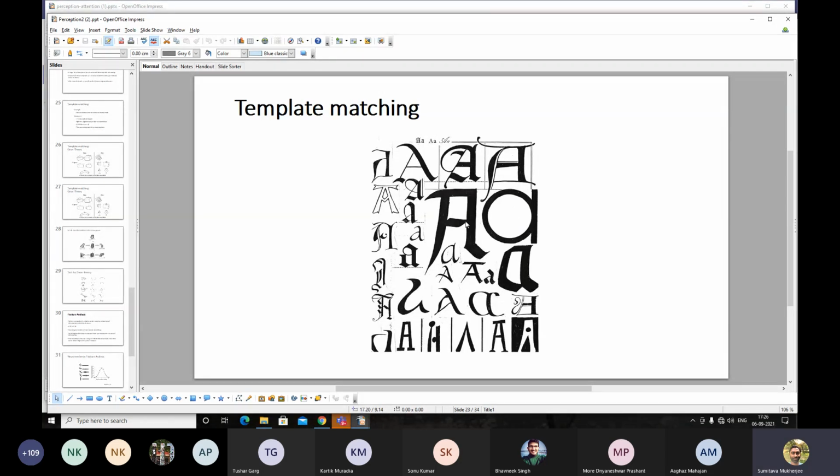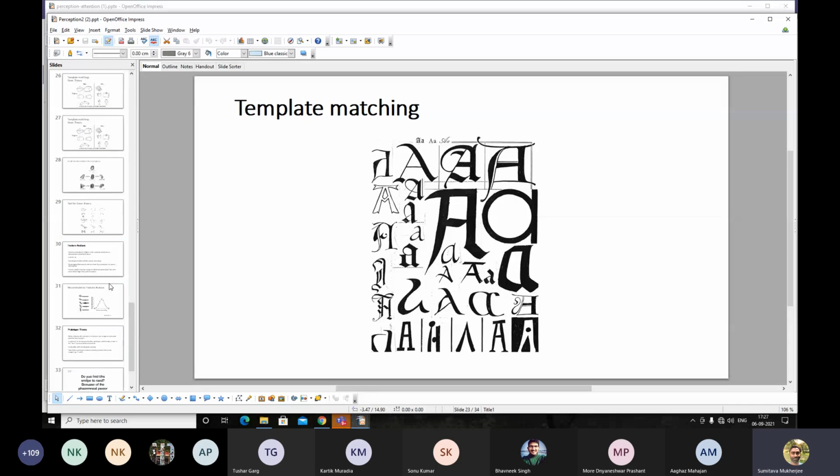That's why it's called prototype theory. Or maybe I have more than one prototype, but not all of them. So let's say I have one prototype for big A, one prototype for small a. Deviations from this big A and small a, like this one and this one, I'll still read as an A, although they deviate, because I'm able to accept that amount of deviation or that amount of error.